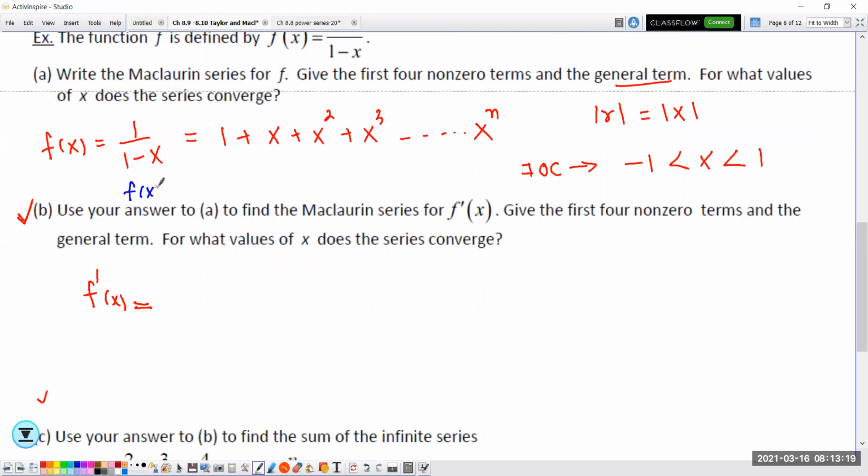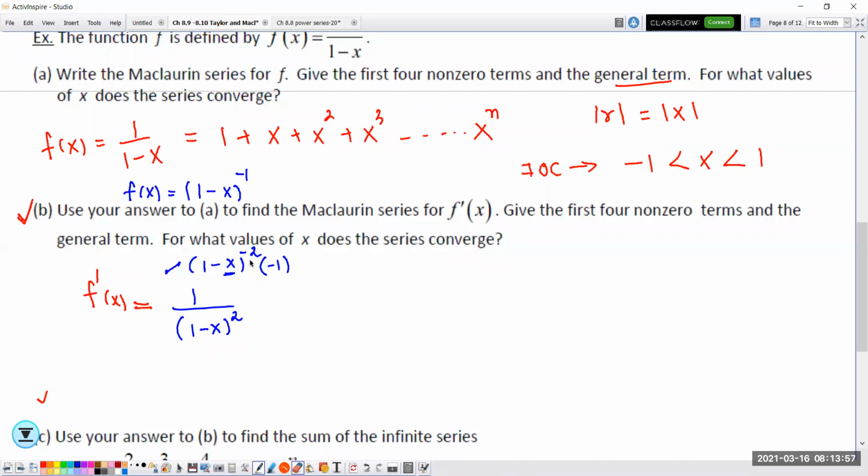I'm writing here because we have come so far in BC calculus that we have forgotten the basic first semester material. The derivative of this is -1. I'm just writing here: -1 times (1 minus x) to the -2, which is n times the derivative of the inside, which is -1. Using power rule and chain rule.